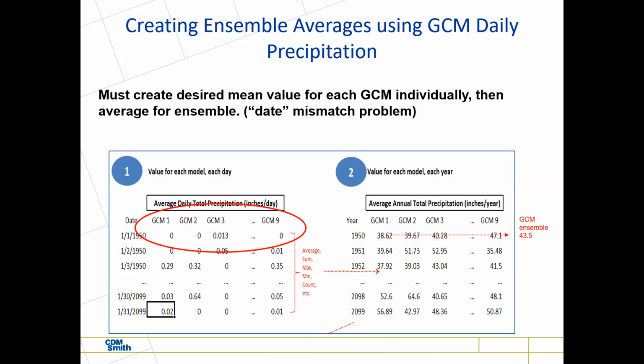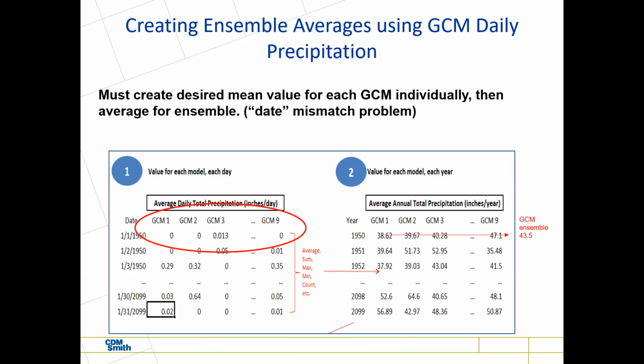So if you average across the 9 models, right away on a daily basis, you're going to get complete nonsense because you're going to be averaging actual days with rainfall with dry days. So the key here is that you must do all of your work in terms of the particular statistic that you're trying to calculate, first individually for all of the GCMs, and then average once you've calculated that statistic.